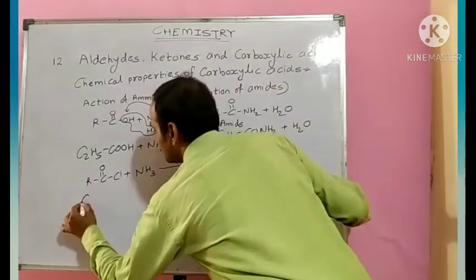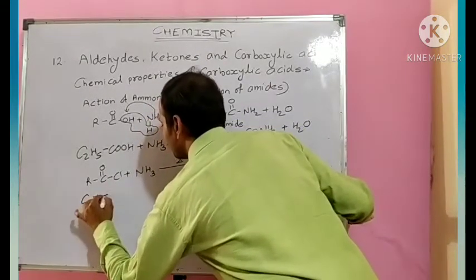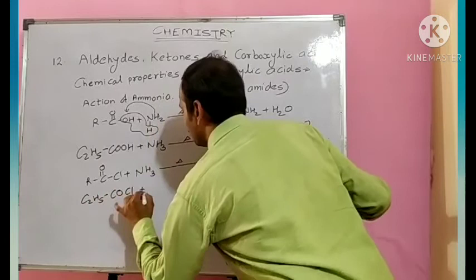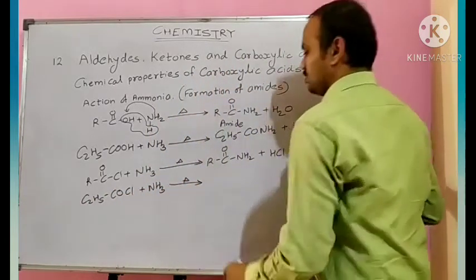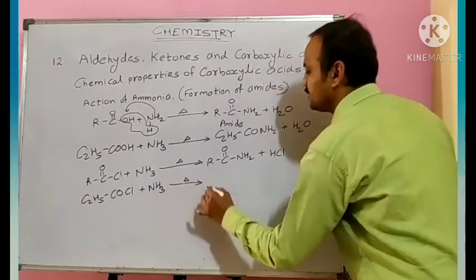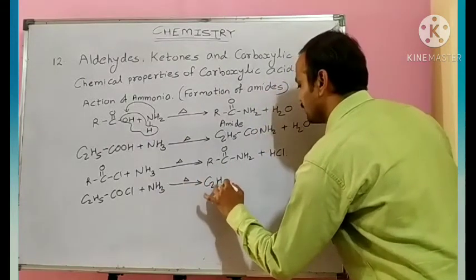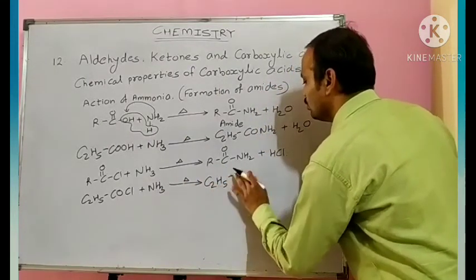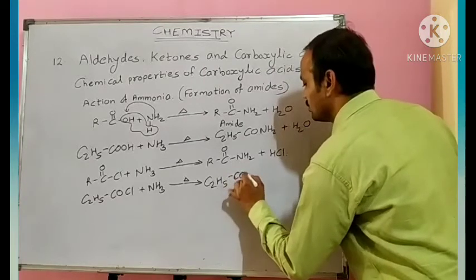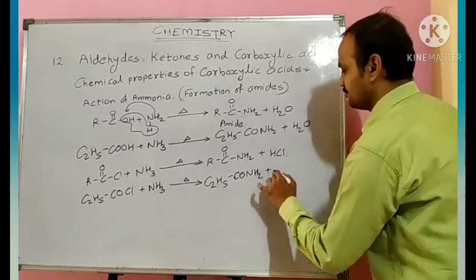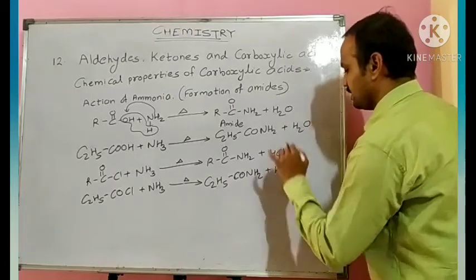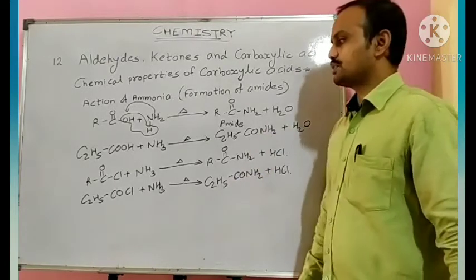Here C2H5COCl plus NH3. Again I will get C2H5CONH2 plus HCl as the byproduct.